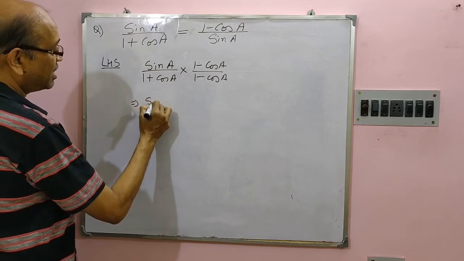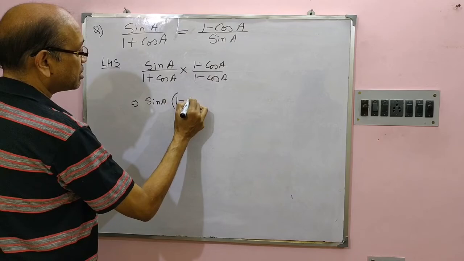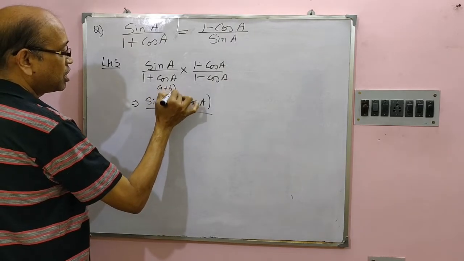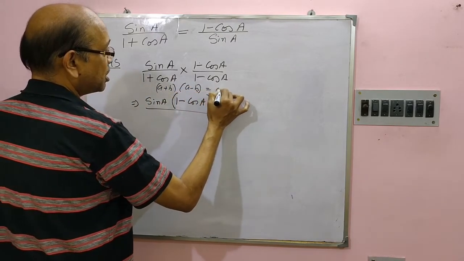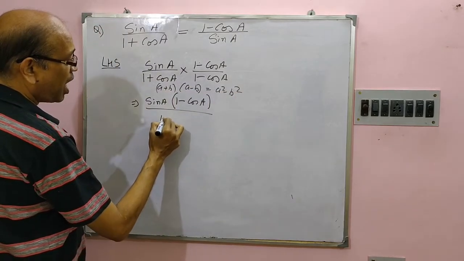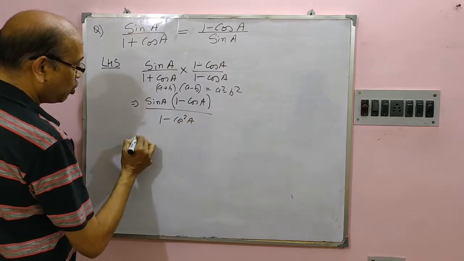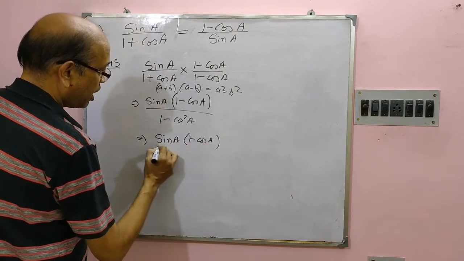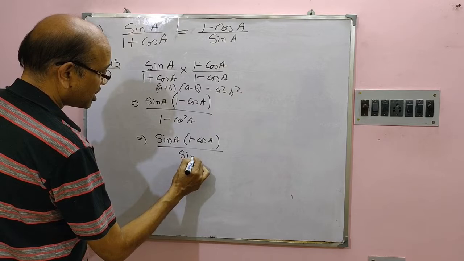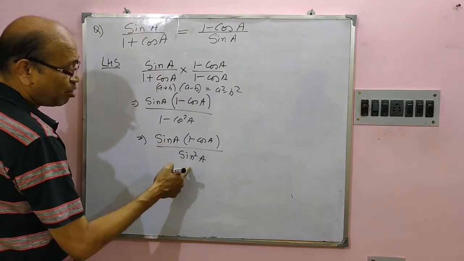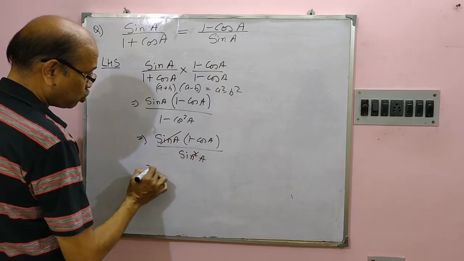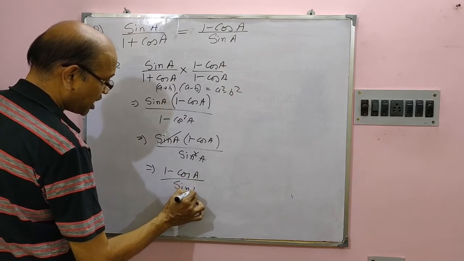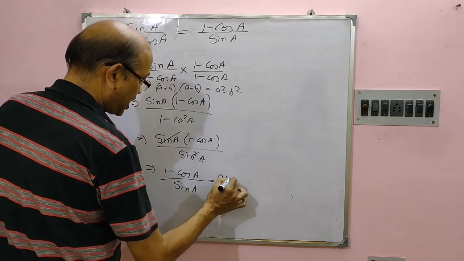So here what I get is sin A into 1 minus cos A, and here again A plus B into A minus B is A square minus B square, which means 1 minus cos square A, and that is sin square A. Here it is sin A, here it is sin square A. This gets cancelled, so what is left is 1 minus cos A by sin A, which is equals to your right hand side.